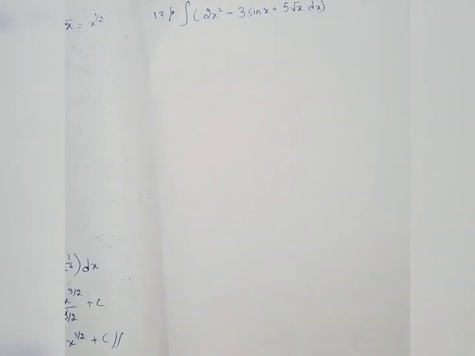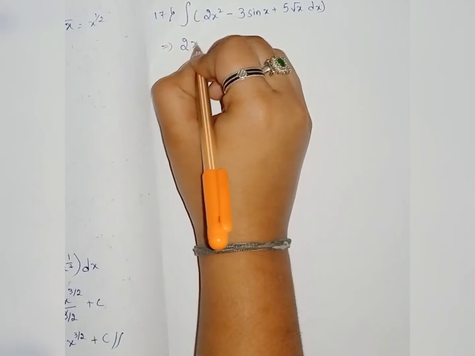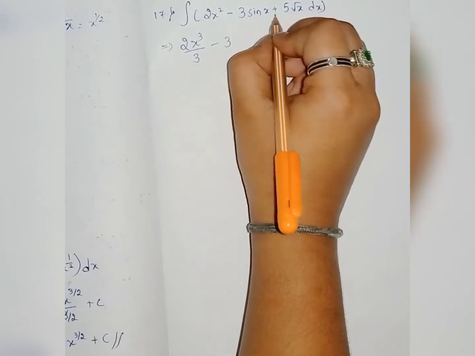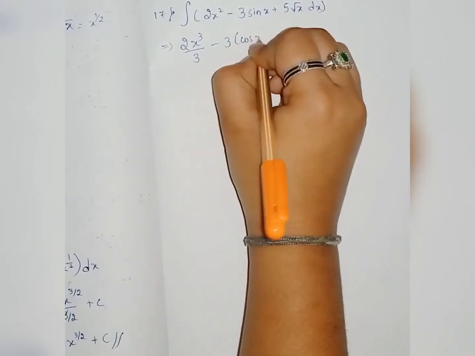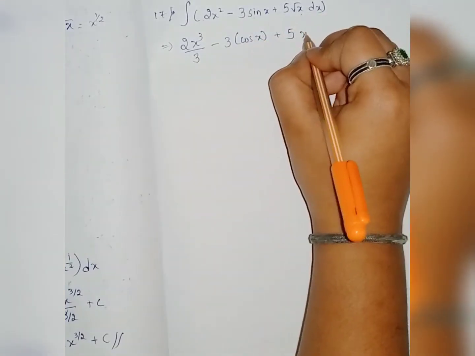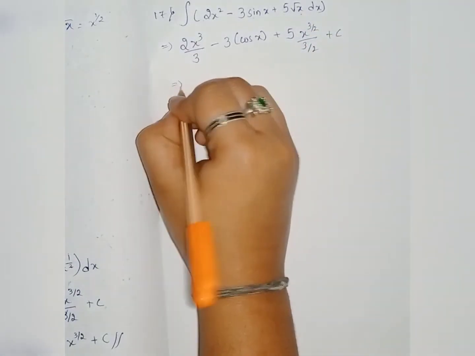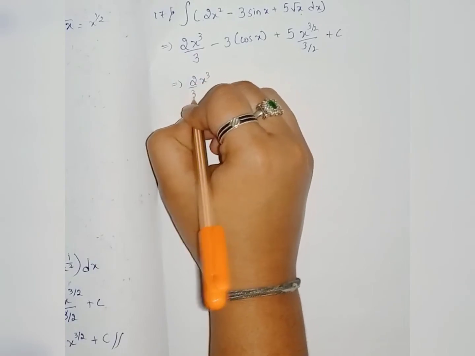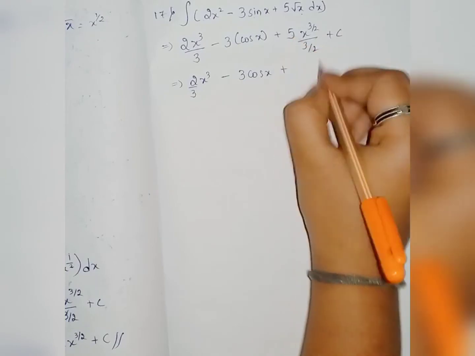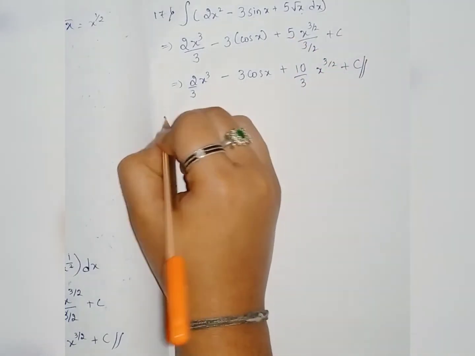Now the integration of 2x square is 2x cube by 3, minus 3 times the integration of sine, which is cos x, plus 5 times the integration of x to the power half, which is x to the power 3 by 2 divided by 3 by 2, plus c. We get 2 by 3 x cube minus 3 cos x plus 5 2s are 10 by 3 x to the power 3 by 2 plus c.